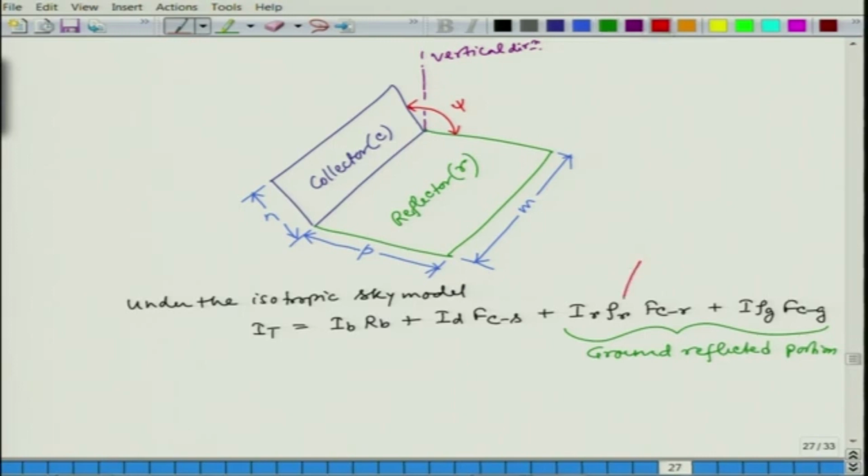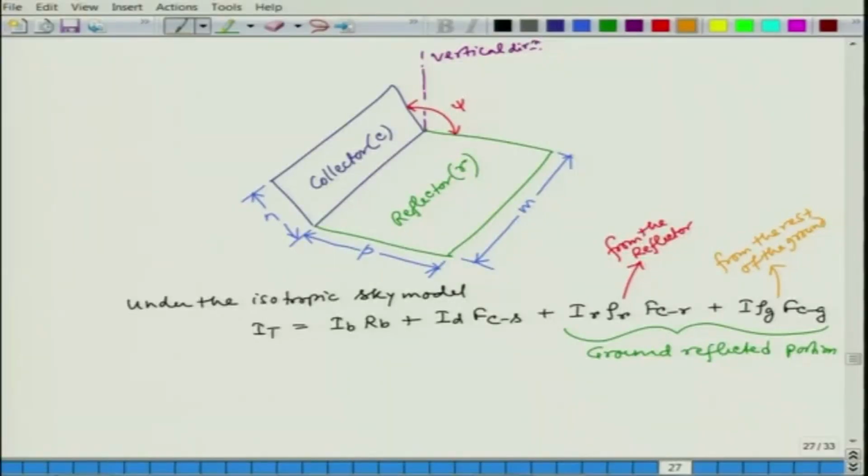One is from the reflector, right, and the second one is from the rest of the ground, right. So, now the whole ground is not in the same reflectivity or same condition. So, what we do, the rest of the ground is separately dealt with and the reflector is separately dealt with.